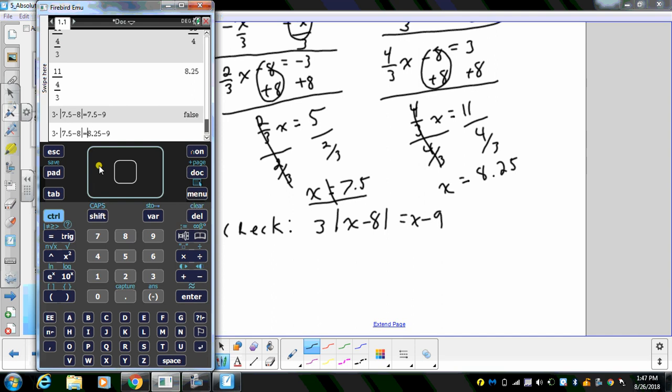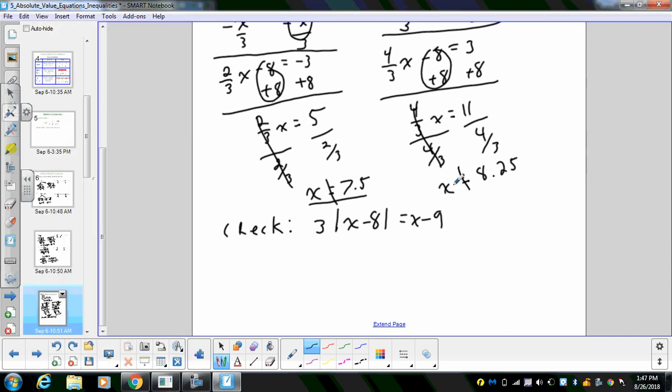Remember there's 2 of them, so I'm going to go all the way over here as well. Do the same thing. And when I hit enter, it says false again. Therefore, both of these are not solutions, so therefore there is no solution to this problem.